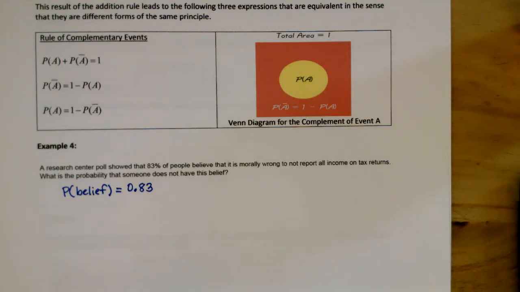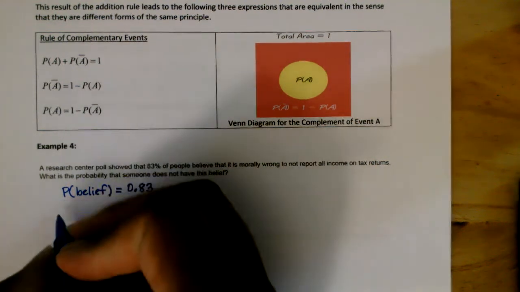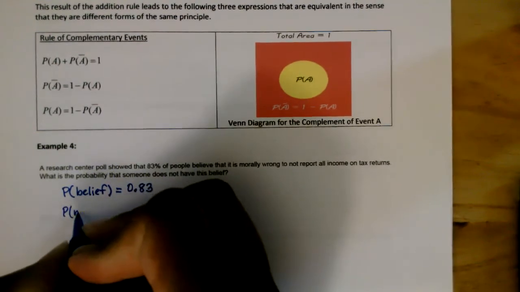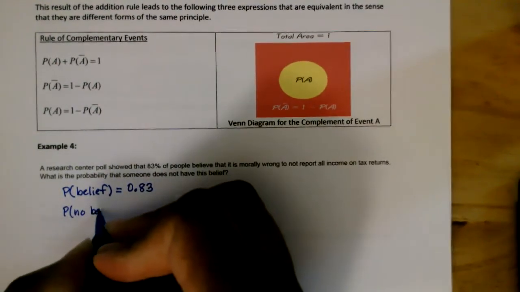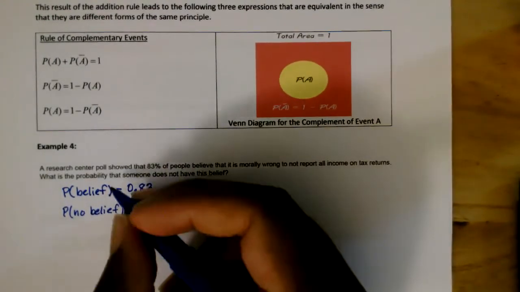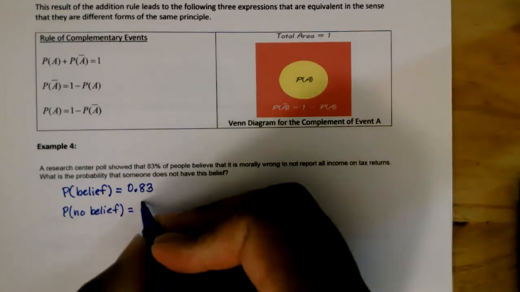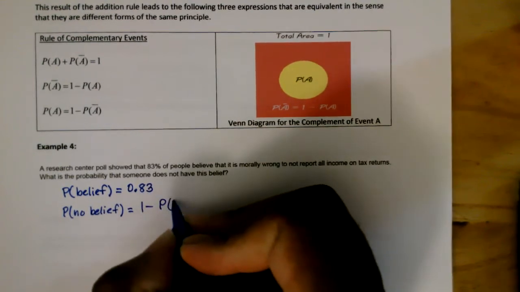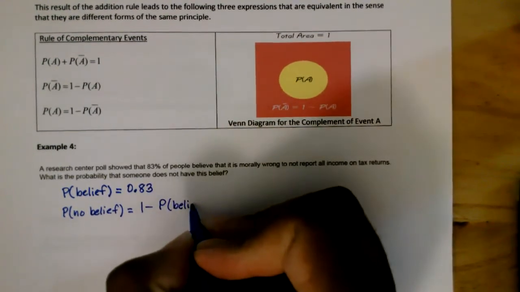Now, what is the probability that someone does not have this belief? So the probability of no belief is just a complement. So we got to do 1 minus the probability of someone that does have the belief.